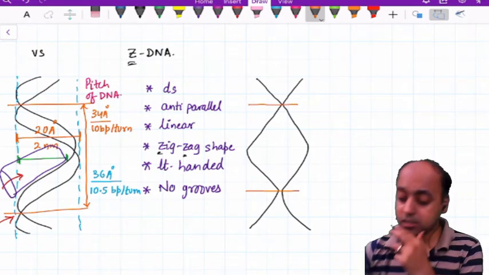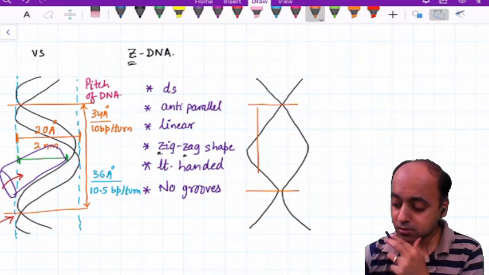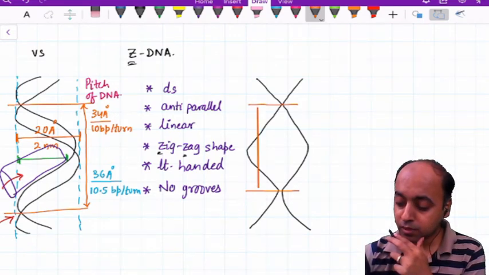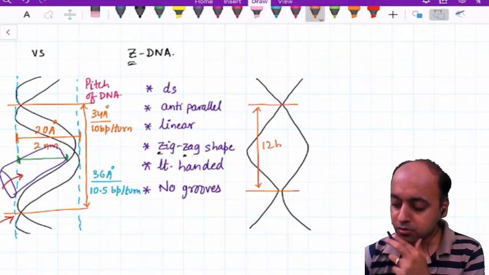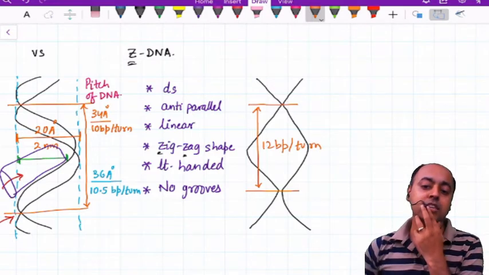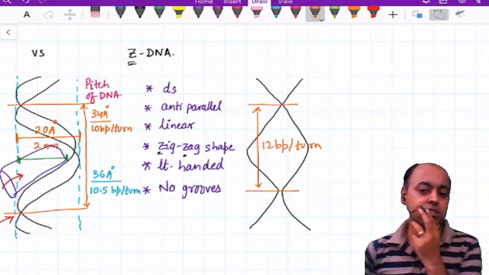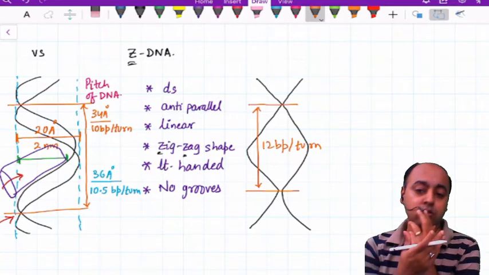Within this distance, we actually have 12 base pairs. In the Z form DNA, we have 12 base pairs, and you can see there are no major and minor grooves.